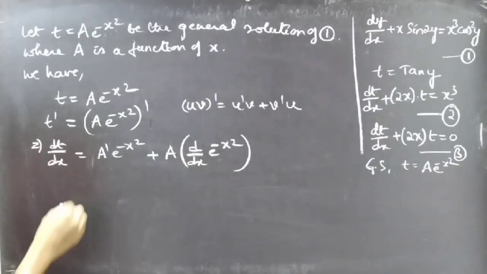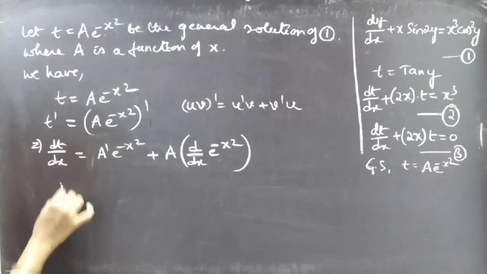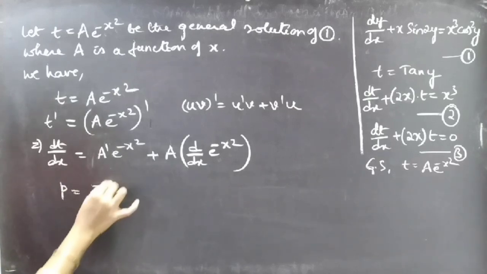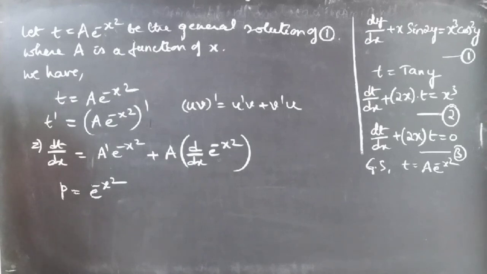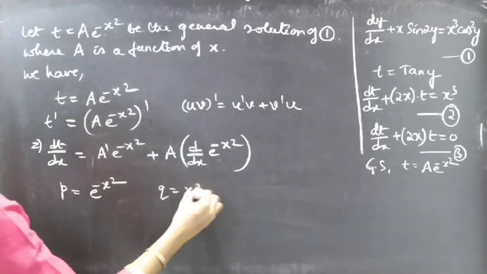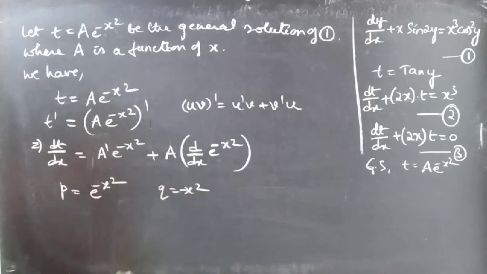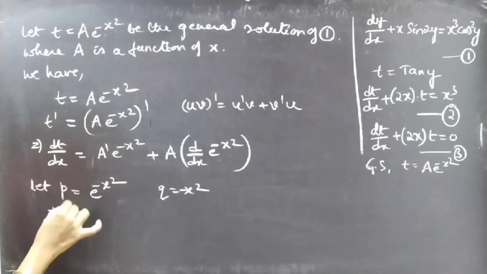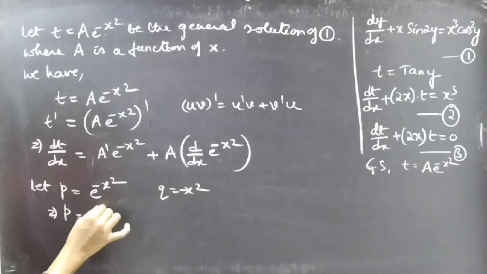Okay, now let's find the derivative of e power minus x square using chain rule. Let p equal to e power minus x square, and q equal to this minus x square. Then we'll get p equal to e power q, right?